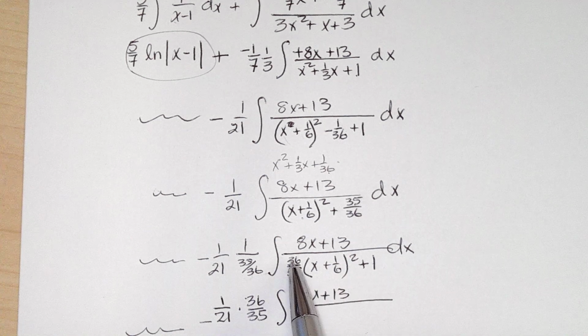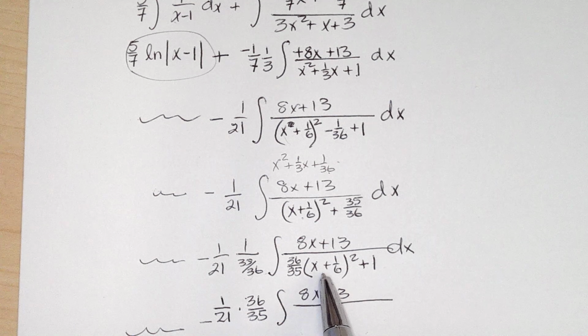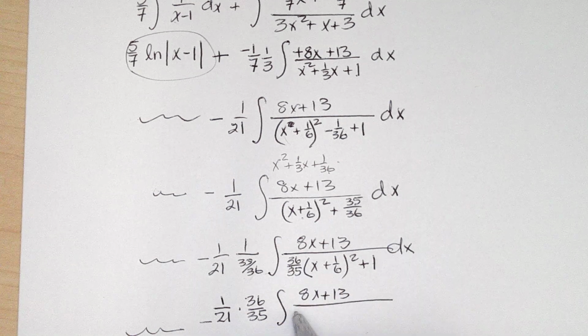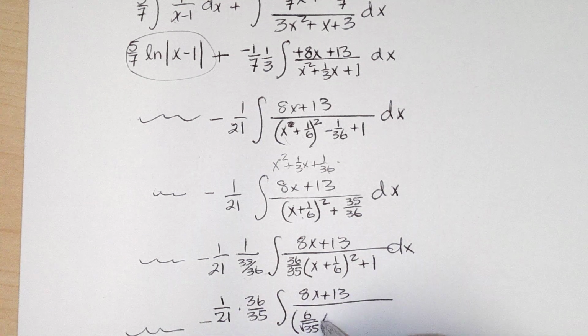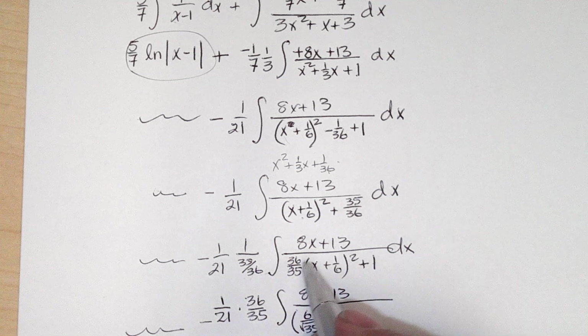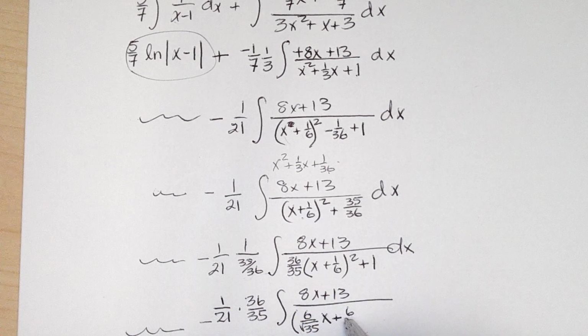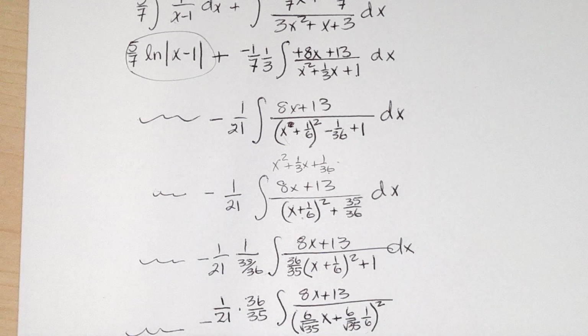So if it came out of the square as this, in it, it's the square root of this. So it's going to be 6 over the square root of 35 x plus 6 over the square root of 35 times 1/6 squared.